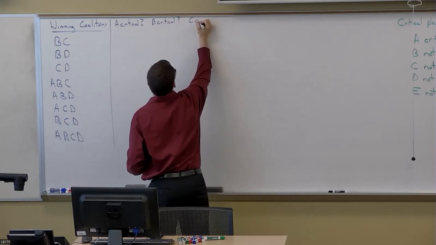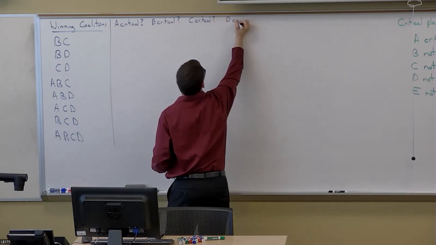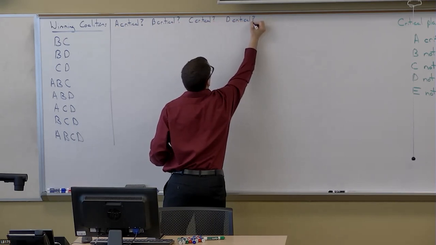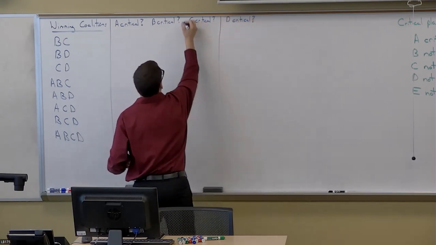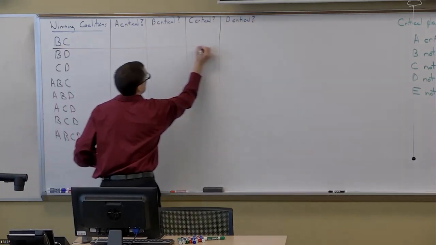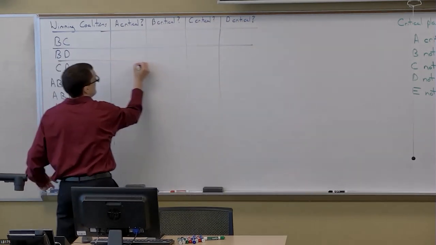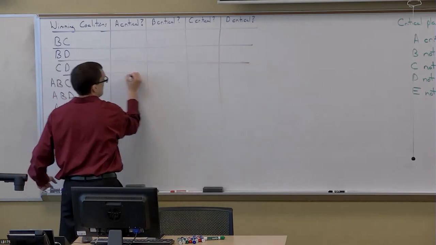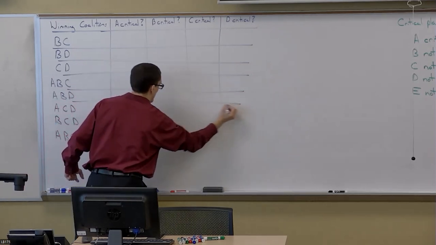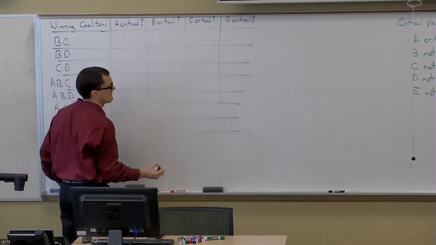Is C critical? Is D critical? For each one of these winning coalitions, I generally just put either a yes or no, or a 1 or 0. It doesn't really matter.